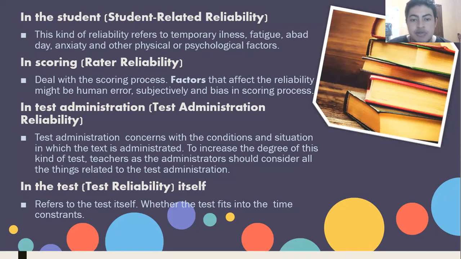Test administration reliability concerns the conditions and situations in which the test is administered. To increase the degree of this kind of reliability, teachers as the administrators should consider all the things related to the test administration. Test reliability refers to the test itself, whether the test fits into the time constraints.